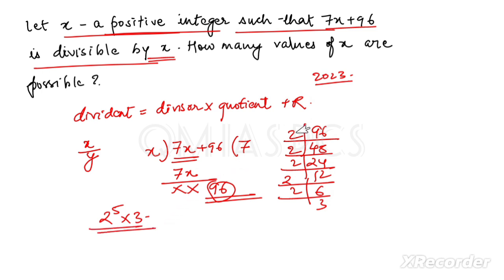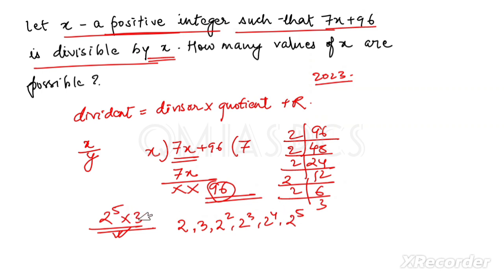Can you tell me how many values of x are possible from these? Let me help you. First, 2 is a factor. From this we can separate out 2, 3, 2 power 2, power 3, power 4, then power 5. These are individual numbers.